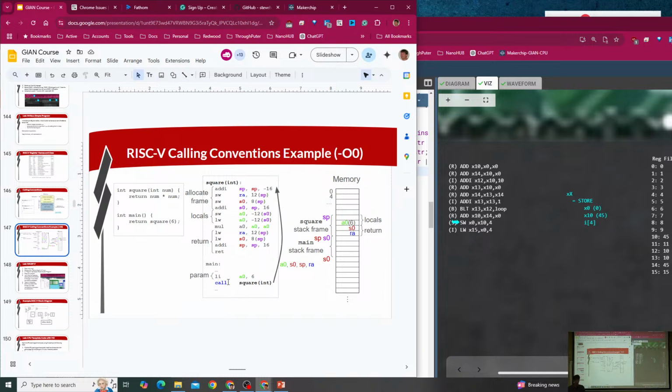Likewise, the call instruction is a pseudo-op that implicitly writes the return address register to remember where to return to. So this call is writing the return address. This code is storing the return address in the stack so it can hold on to it associated with the function. And then when this function returns, it's going to load the return address into RA, and that will be the target of the return instruction.